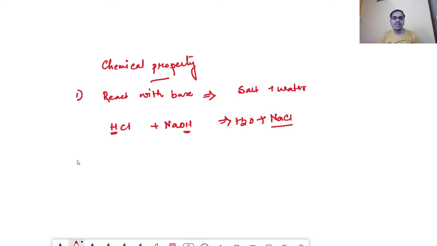Similarly, acids will react with metal to form salt plus hydrogen.